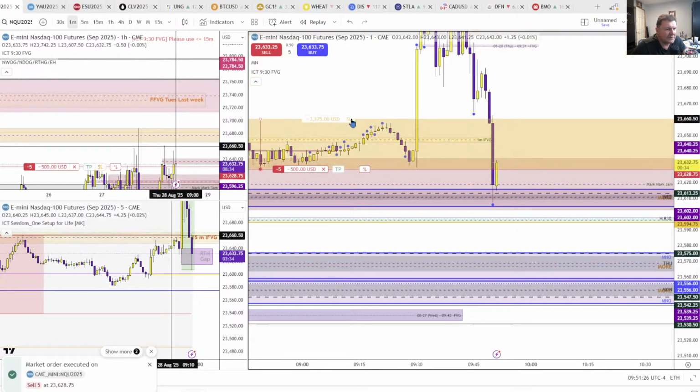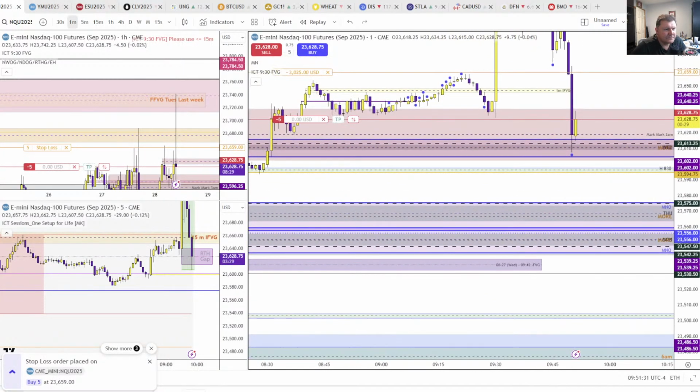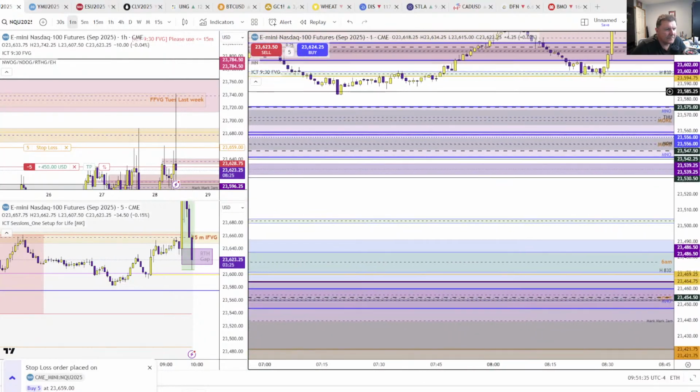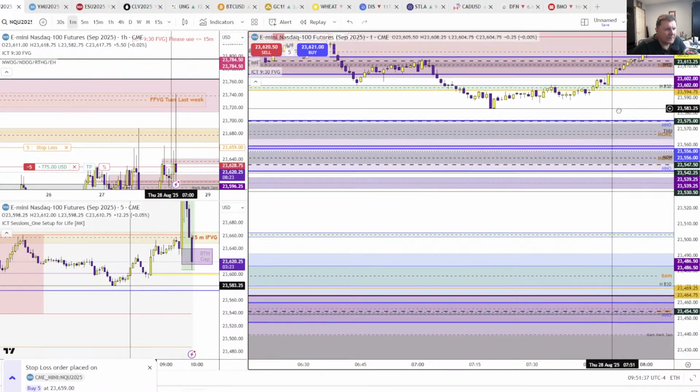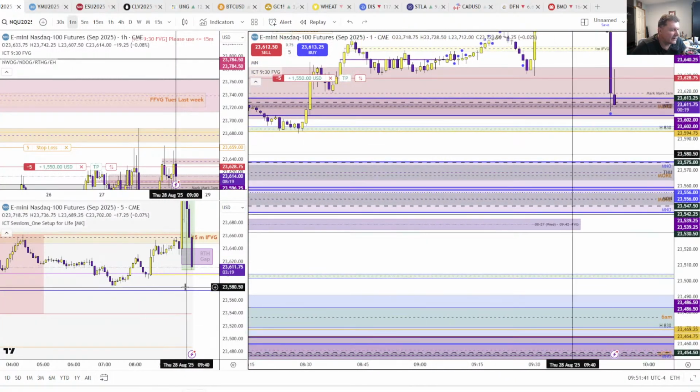Stop loss will go just above here. You equal those below you. Look at the higher time frame.